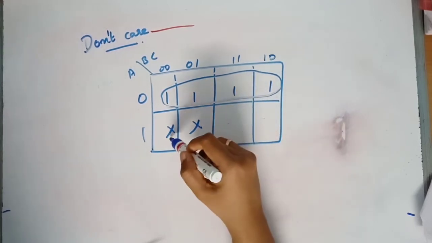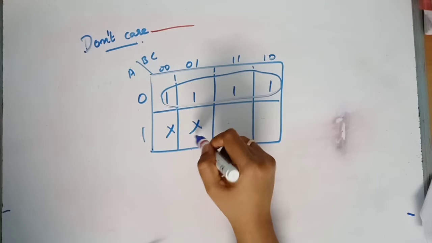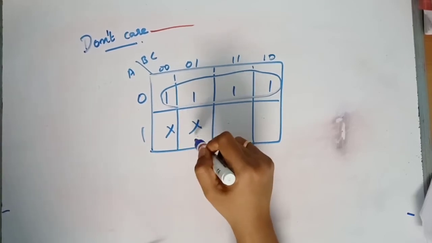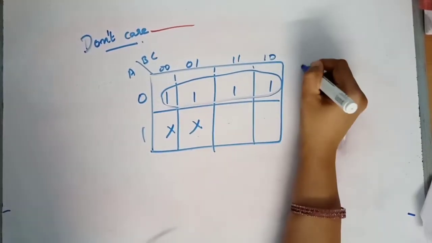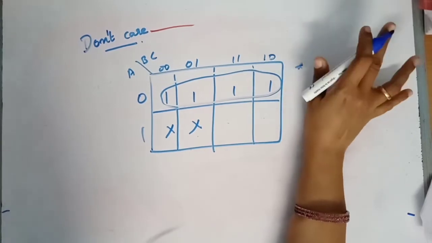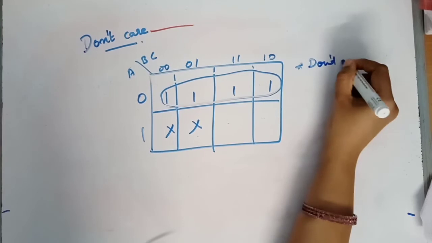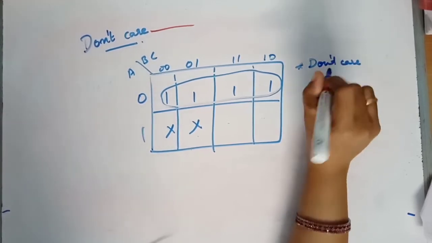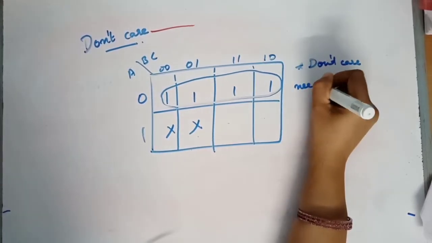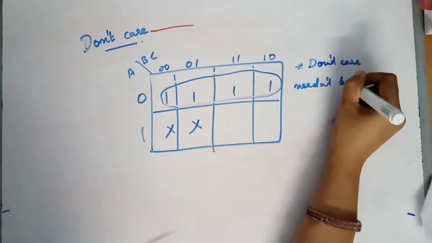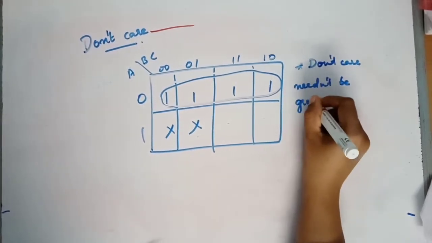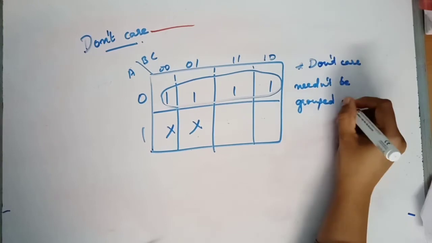So don't go to group these two don't cares. Here we don't need these two don't cares. There is no rule that don't cares need to be grouped always.